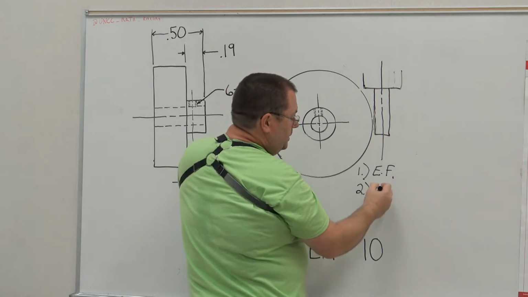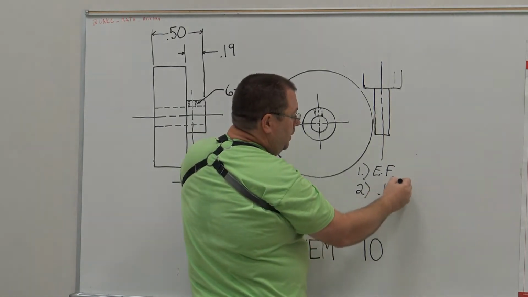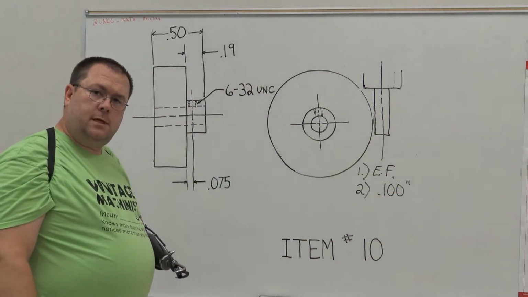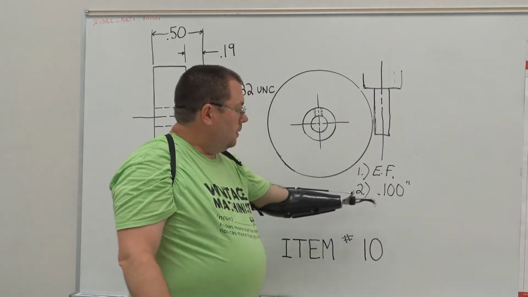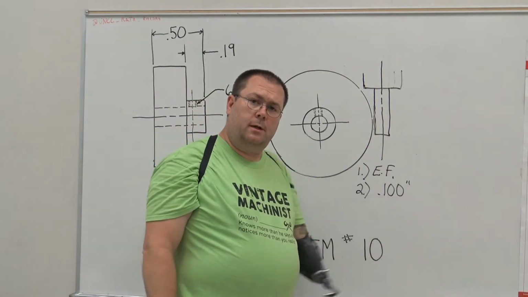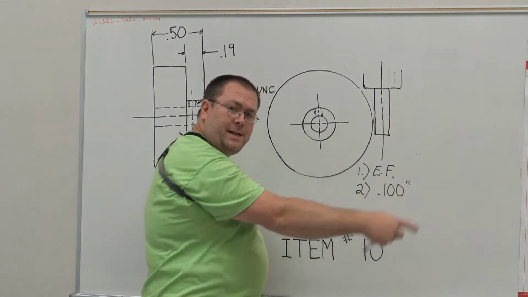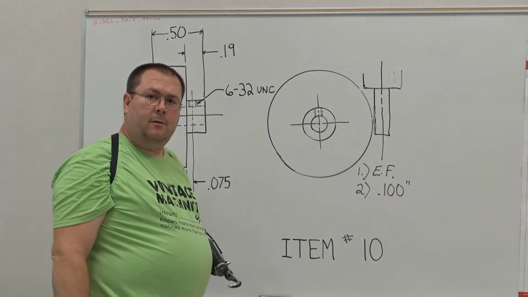Okay, so we're going to step over 0.1, and I'm going to put that at 0.100. You should have learned at this point, the more zeros that I put after the decimal point, or the more digits that I put, the tighter the tolerance needs to be held.